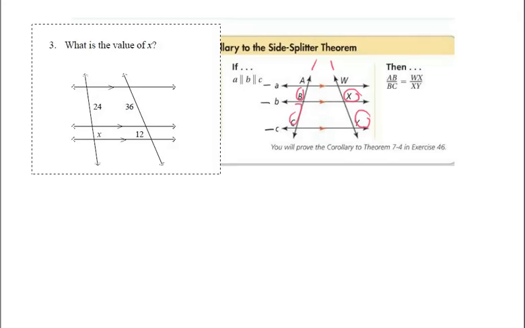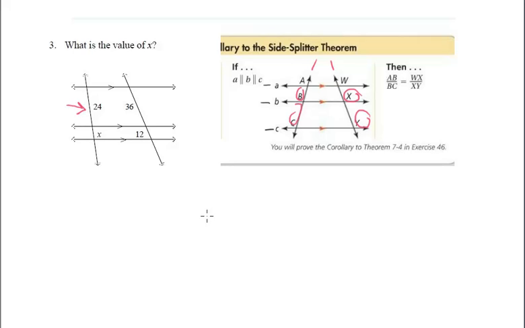Okay, so here's problem 3. So we're simply going to plug in these numbers like we did in this example over there. We get 24 over x is proportional to 36 over 12.